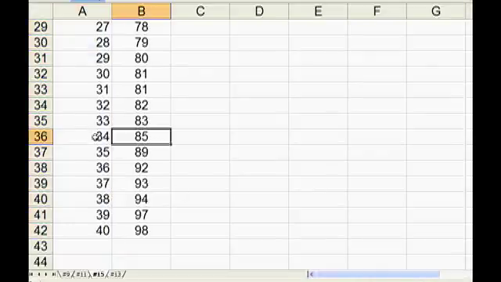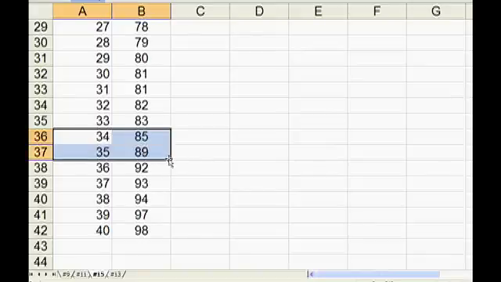If we look at our sorted list, 85 and 89 are the 34th and the 35th data value in the sorted list. We need to determine the value that is midpoint between those two values.